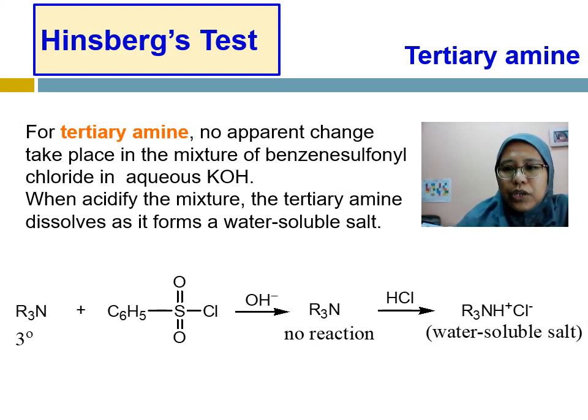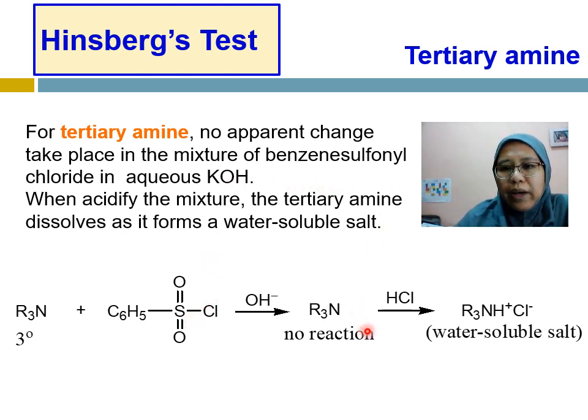This is the difference between secondary and primary amine. Lastly, for tertiary amine, we know that the structure of tertiary amine itself doesn't have any free hydrogen to make way for nitrogen to be bonded with anything. So what we're going to have is no reaction occurs when we react it with Hinsberg reagent or benzene sulfonyl chloride.